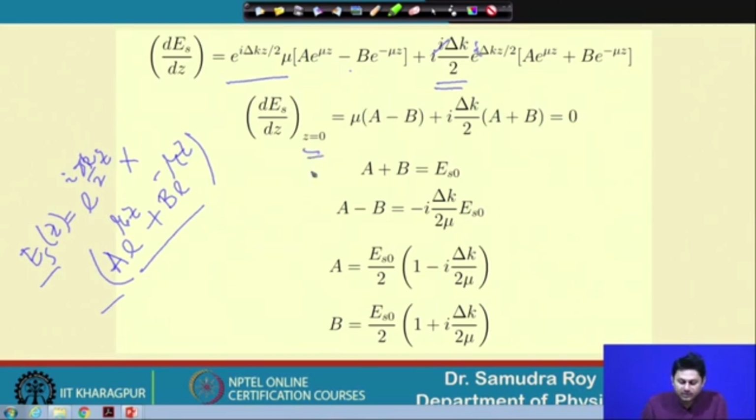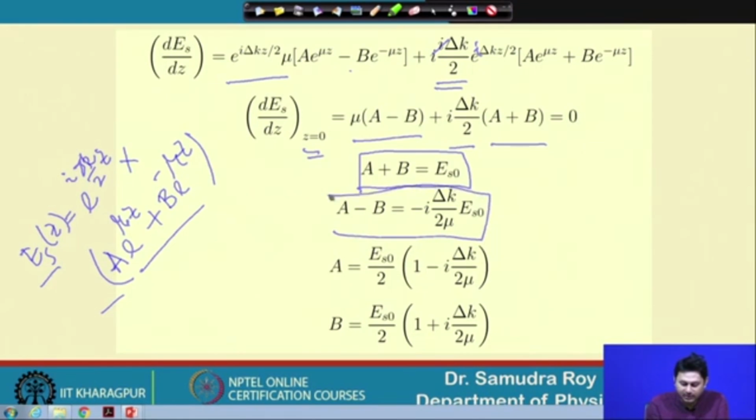At z equal to 0, if I put this, then mu times (A minus B) plus i delta k by 2 times (A plus B) will be 0. A plus B is E_s(0), which we already know, and if I put E_s(0) here, then I also know the value of A minus B. So, A minus B is this quantity.